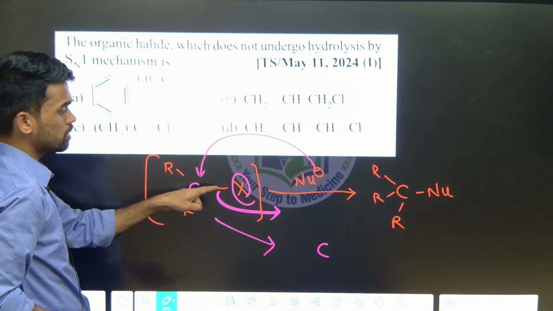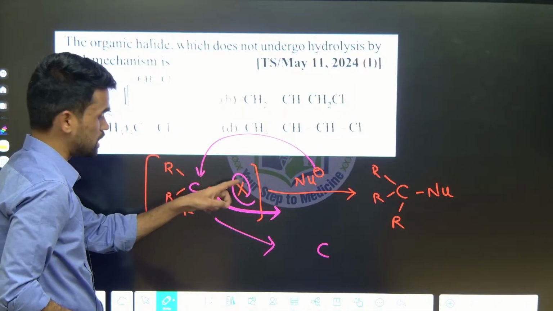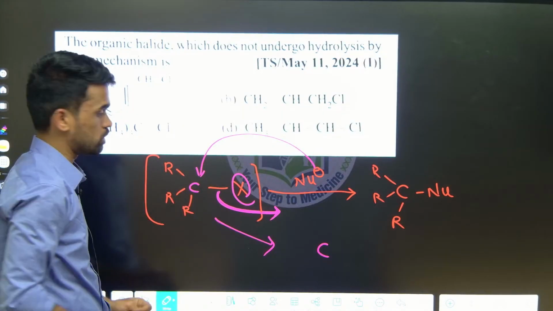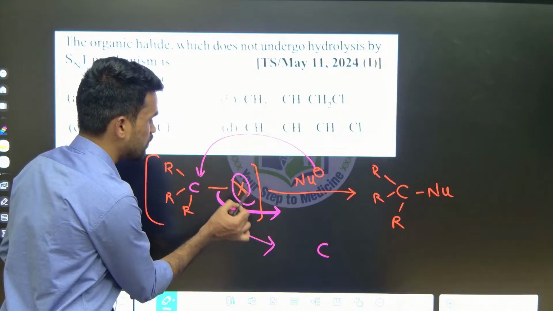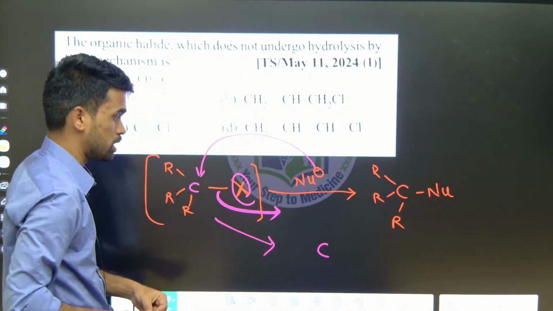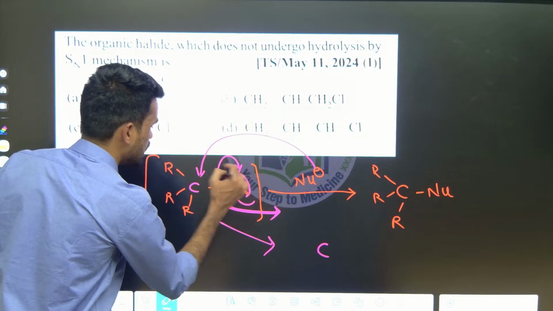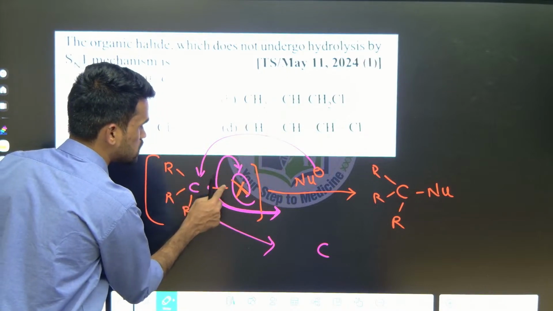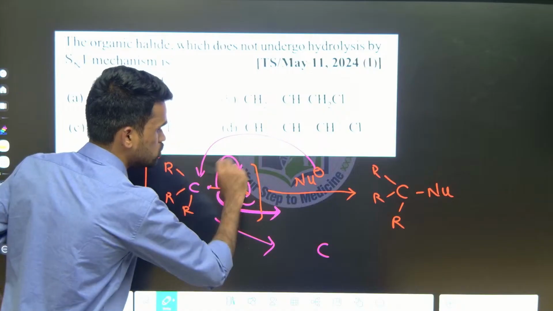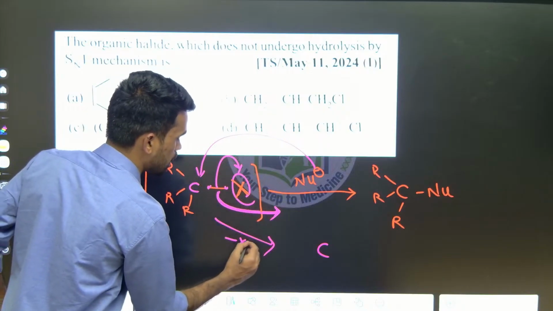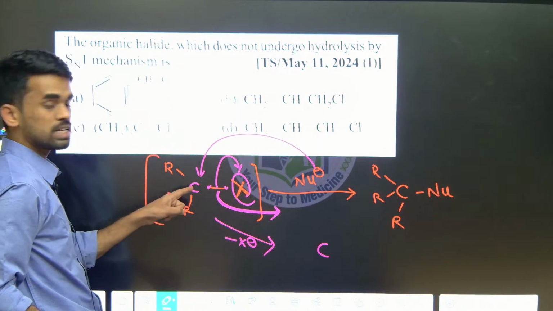On this carbon a halogen is there, like a leaving group is there. Out of these two, which is more electronegative? Most generally this leaving group will be the electronegative atom. Let us say it is a halide ion, and halogens are more electronegative than carbon. Therefore the bonded electrons will be taken by the halide ion, so it will go out as a halide ion, X minus.